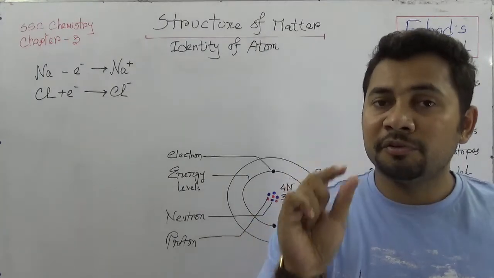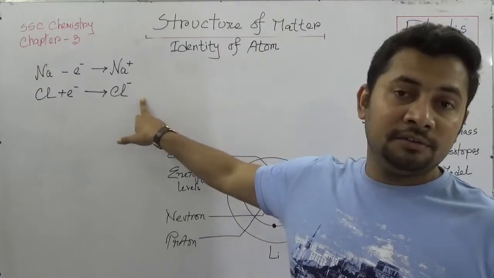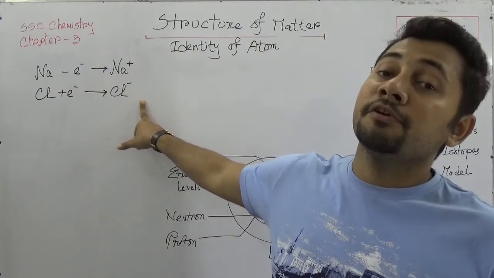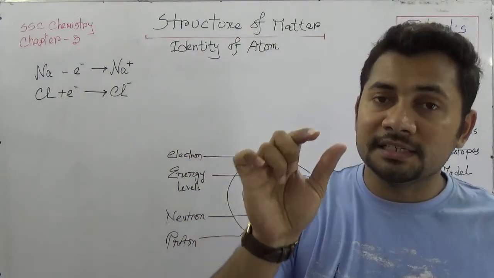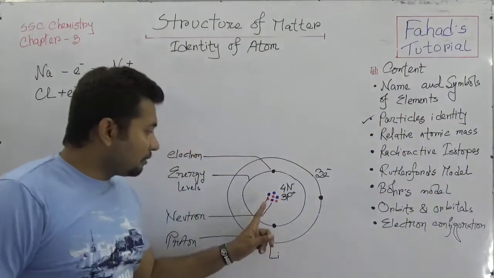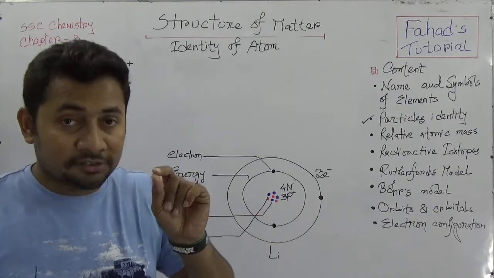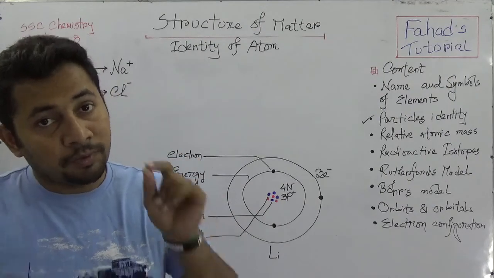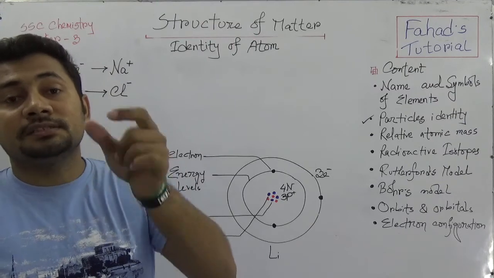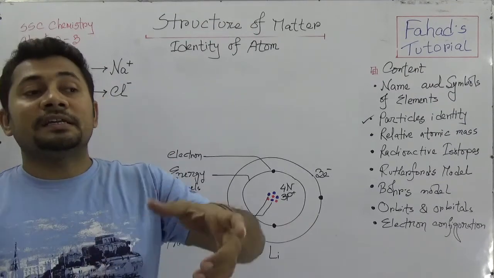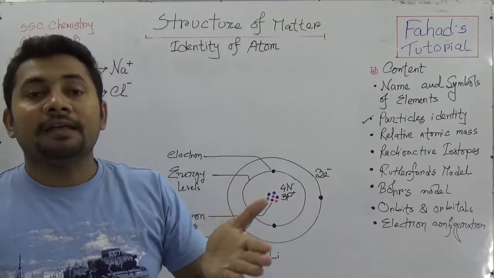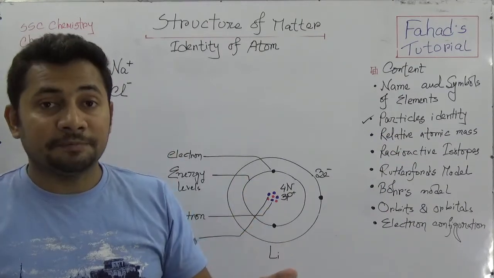So the number of protons of the chlorine ion is 17, but the number of electrons is 18 because it receives 1 electron. The proton number and electron number are the same when the atom is neutral, but when it becomes a cation or anion, the number of electrons and protons will vary.